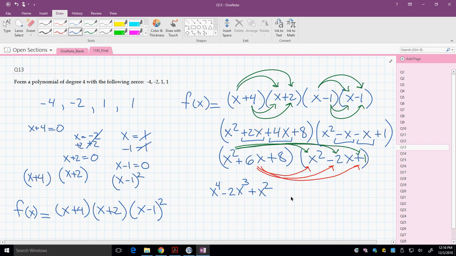and that is going to give me 6x times x squared is going to give me 6x to the third power because I add the exponents, and then 6x times a negative 2x is going to give me a negative 12x squared. 6x times 1 is going to give me 6x. Now I need to do the last term.